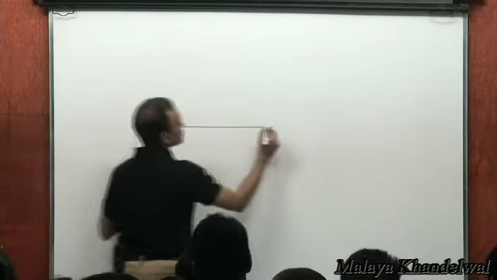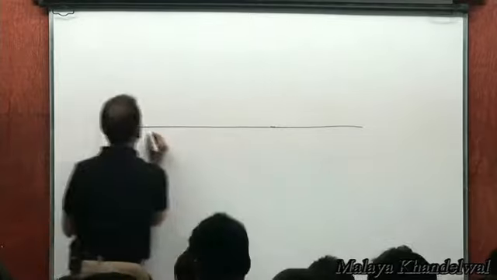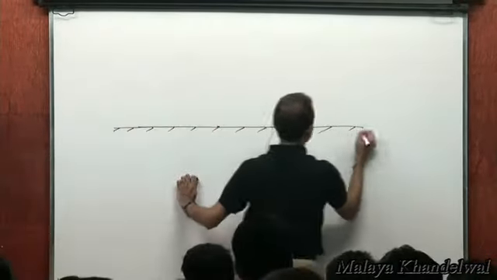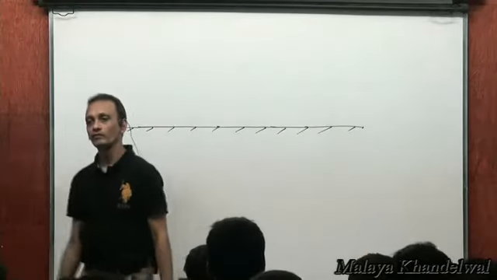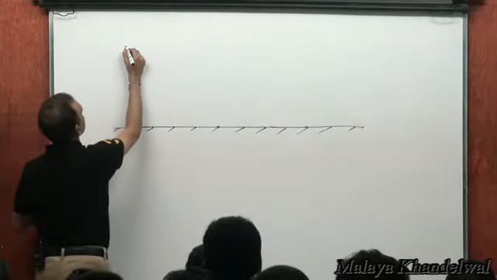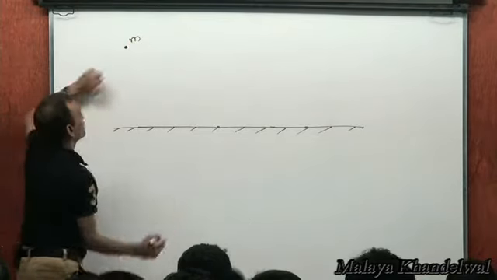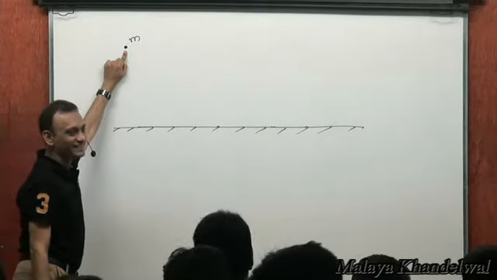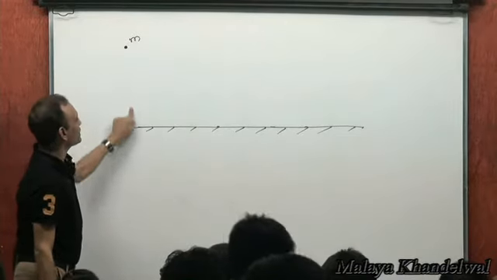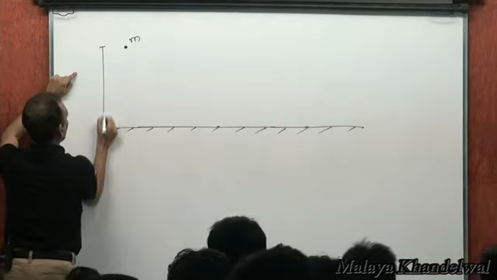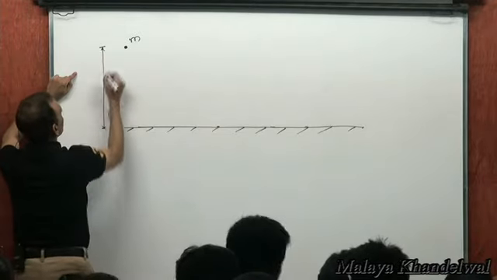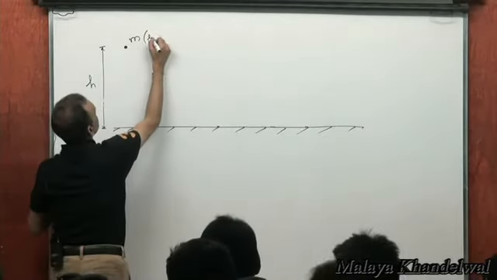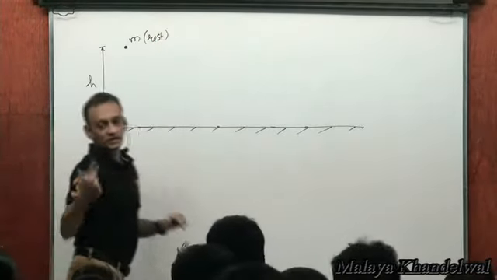Now suppose this is the surface of Earth, a horizontal surface, and say there is a small particle of mass m. We will assume that this is not Jupiter, and it falls from a height h, starting from rest.